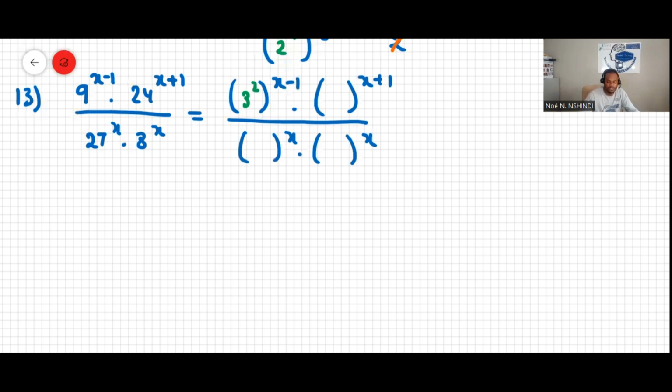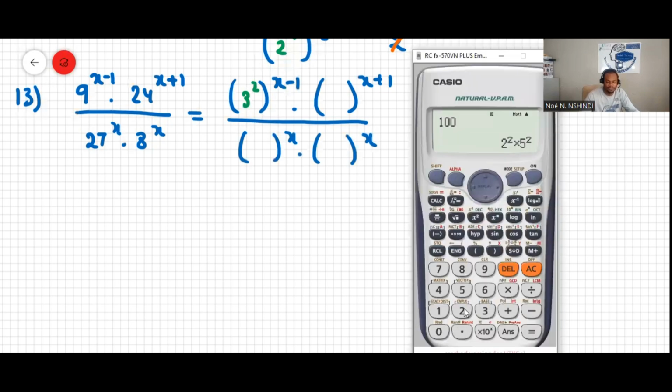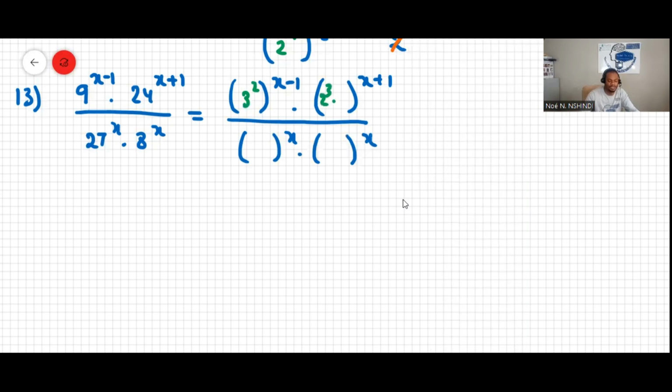let's check the calculator. If I write 24, shift, and then fact, 2 to the 3 times 3. So that makes 2 to the 3 times 3, and 27 is 3 to the 3, and then 8 is 2 to the 3 also.